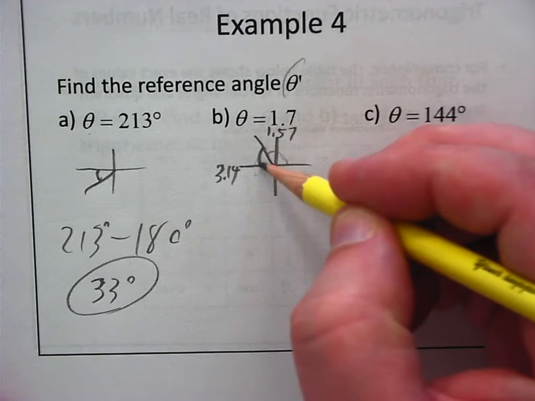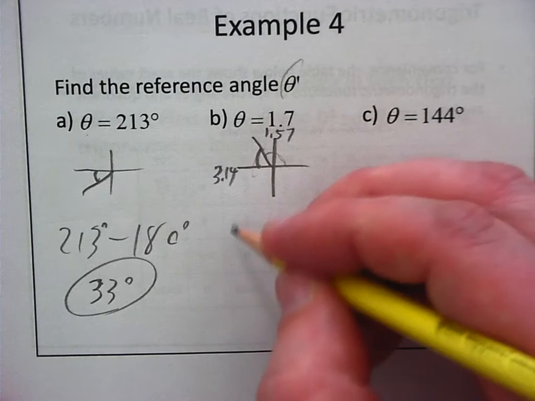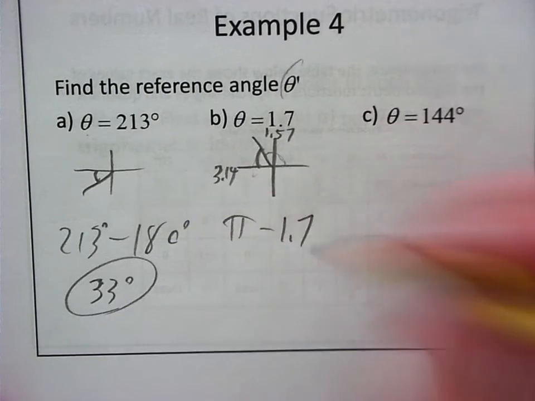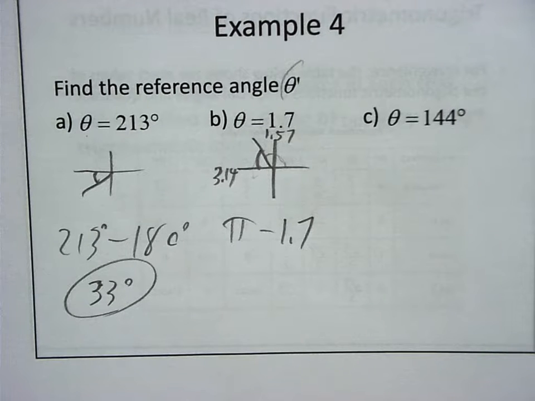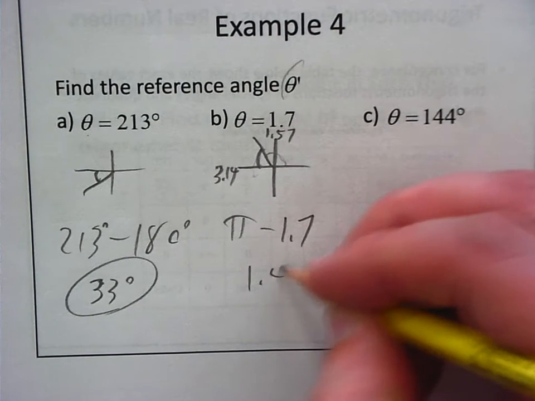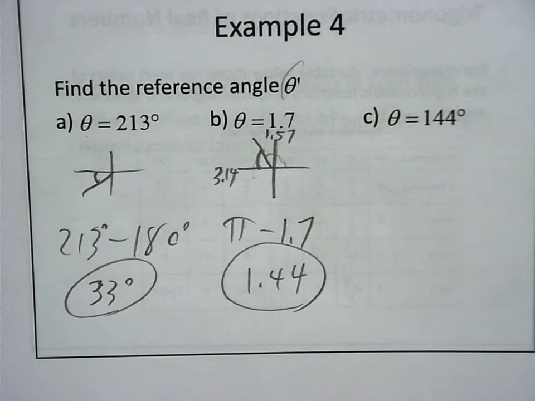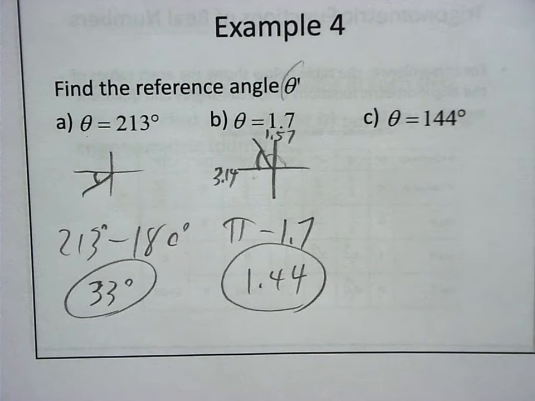If I want to figure out from here to here, I'm going to take the 180 or the pi minus whatever that angle is, as appropriate. What's pi minus 1.7 going to give you? Or 3.14 minus 1.7 if you prefer. 1.44. 1.44 radians. Oftentimes you will be given pi, but this is trying to get you used to seeing radians without having the pi there.